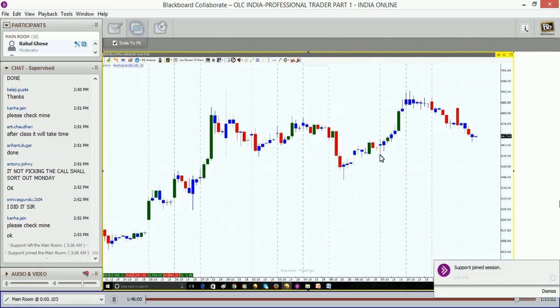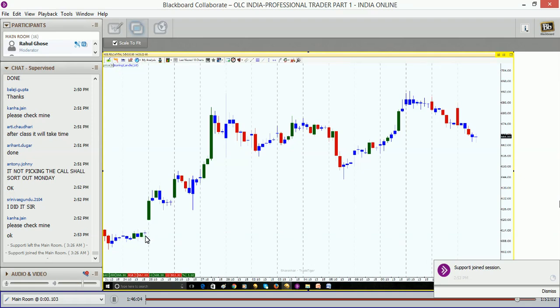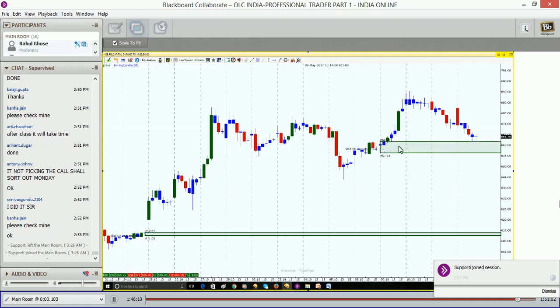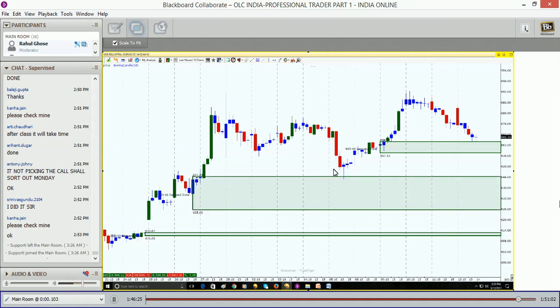We had one level over here, and this level was tested, ladies and gentlemen. This level also, which was over here, which some of you marked, is also tested. Can you see prices have come back over here and then given us a nice bounce.